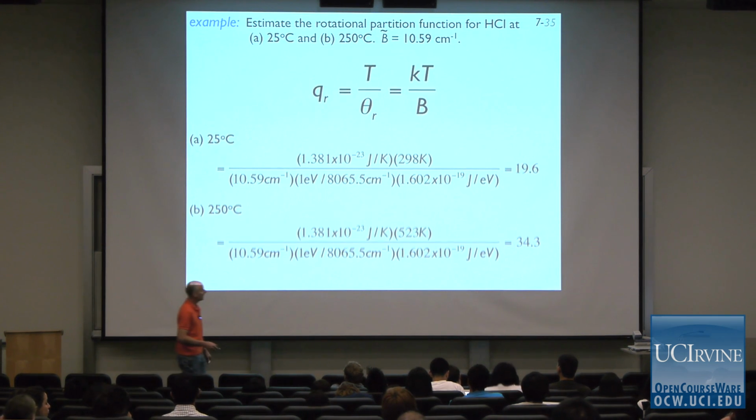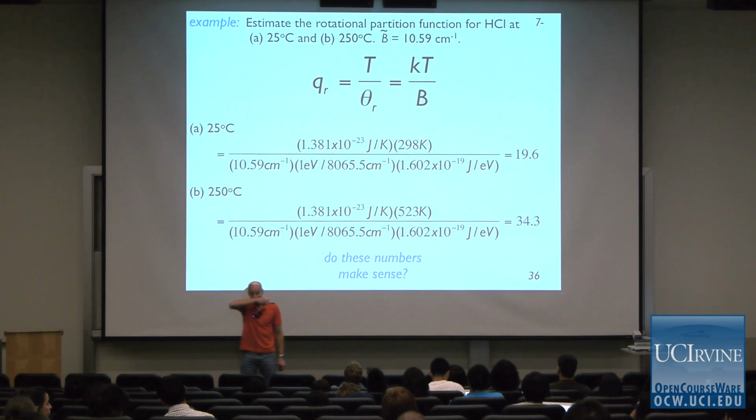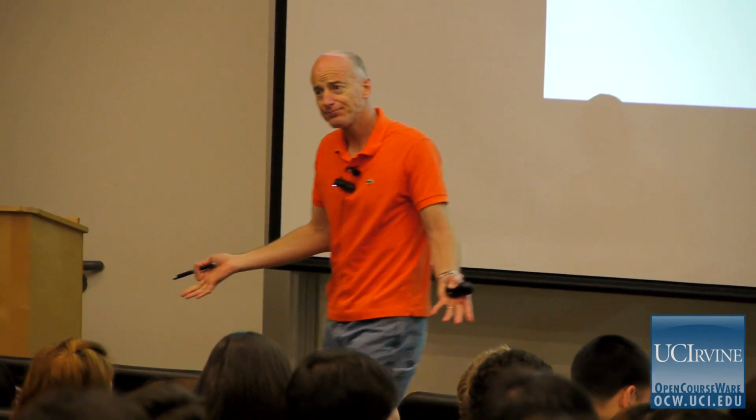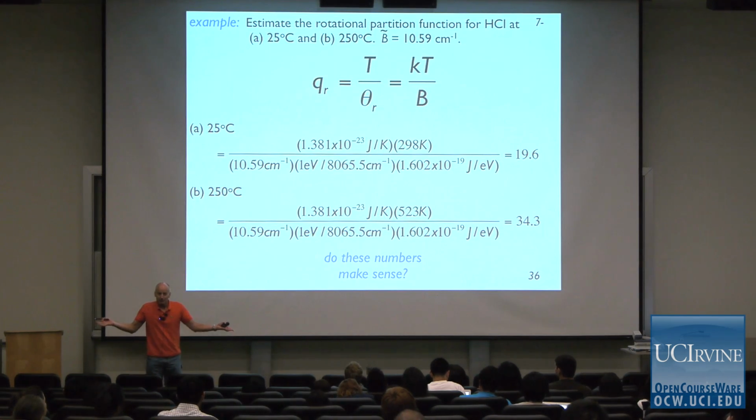Do those numbers look right? What do you think? They look about right? I mean, we expect something significantly bigger than 1, don't we?